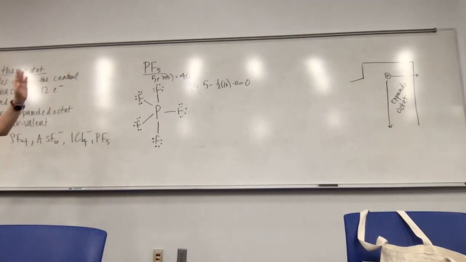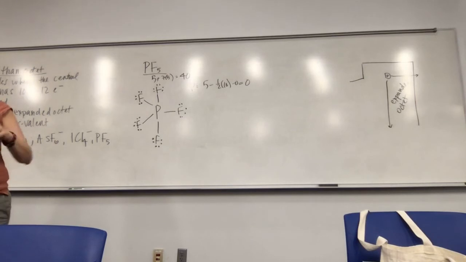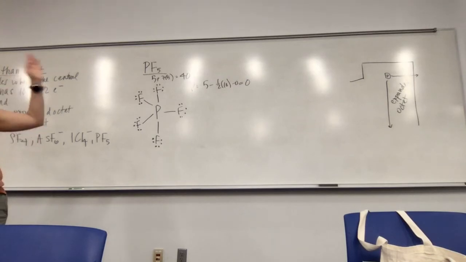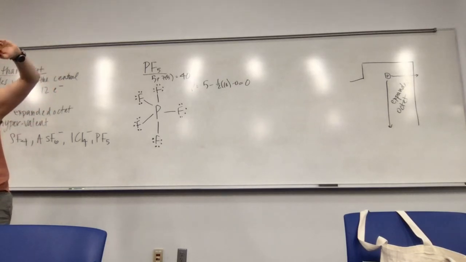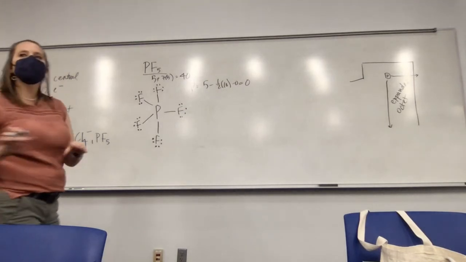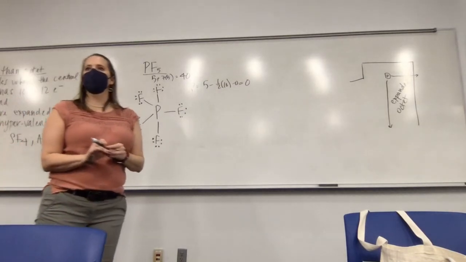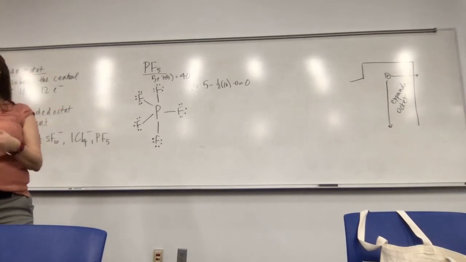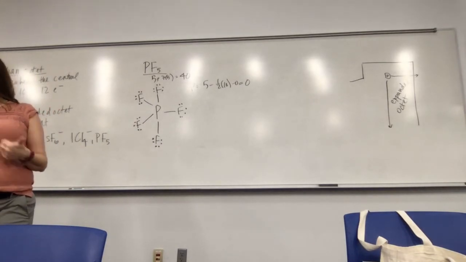As you go over, so sulfur, chlorine, argon, this does include the noble gases. Those can have up to 12 electrons around their central atom. So it's phosphorus and over, including noble gases, and phosphorus and down. You need access to the d orbitals in order for this to work. You need more orbital space, which is not present in carbon, nitrogen, oxygen, or fluorine.